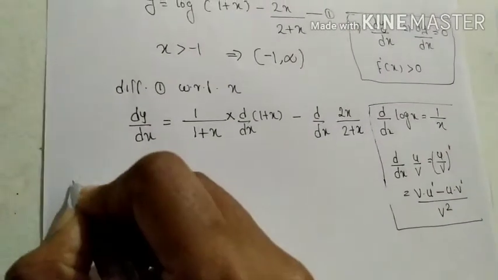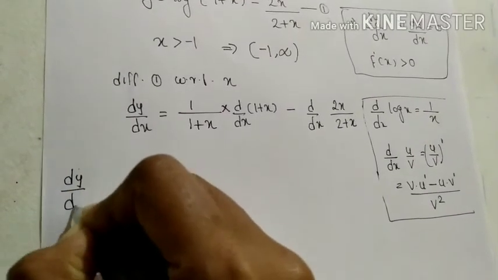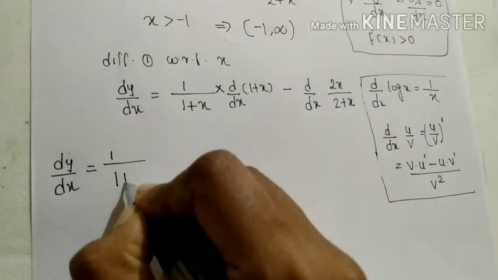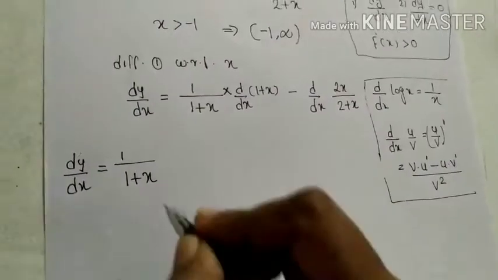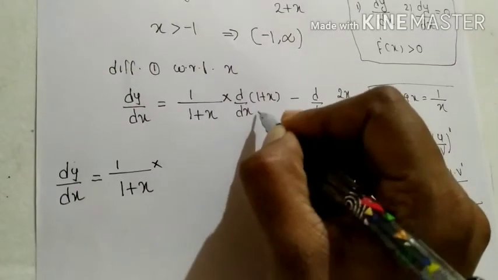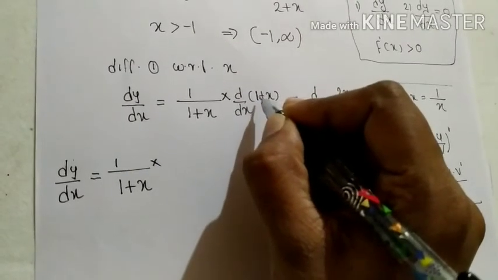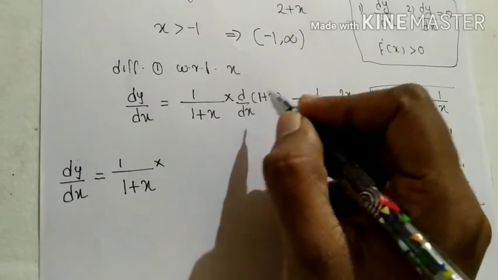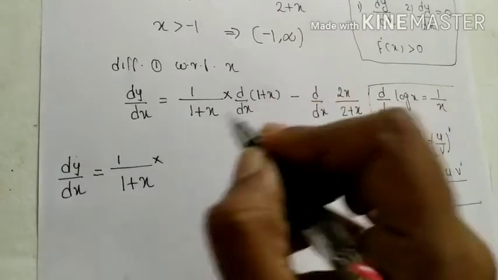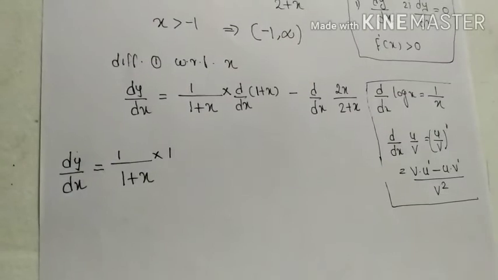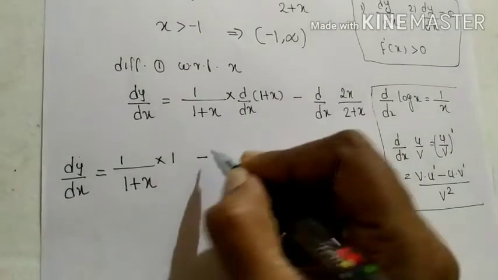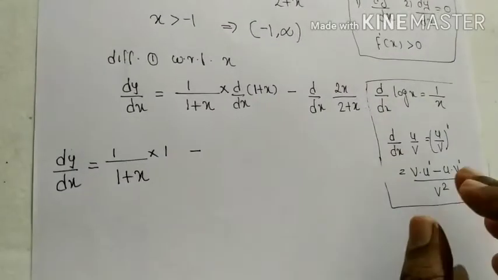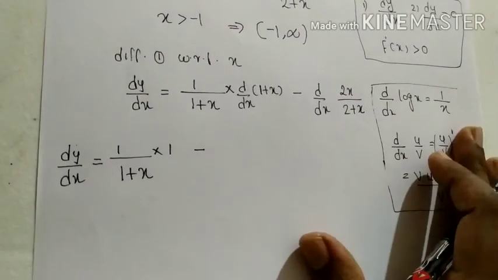we get dy by dx is equal to 1 divided by 1 plus x into the derivative of 1 plus x. The derivative of 1 is a constant, right? So we know that the derivative of a constant is 0, so the derivative of 1 is 0 and the derivative of x is 1. Minus, here I am going to use the quotient rule.